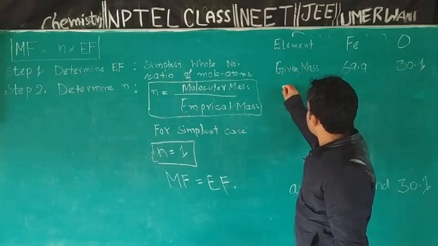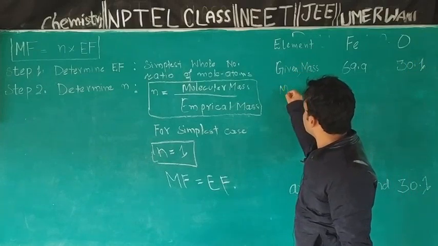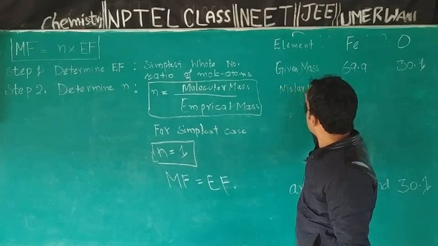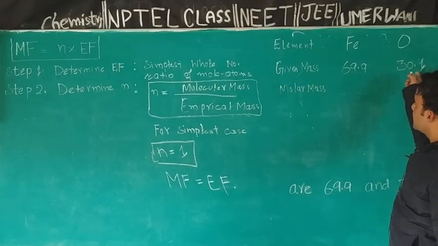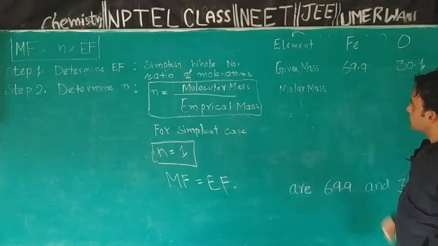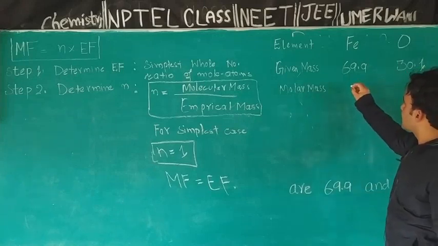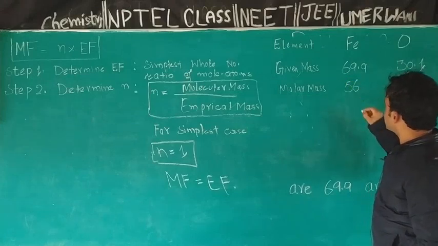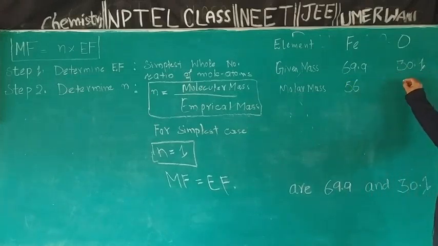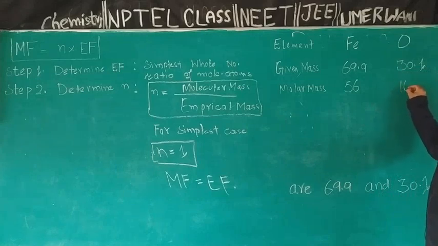In the second row I will write their molar mass. Both are elements, and their molar mass is equal to their gram atomic mass. The gram atomic mass of iron is approximately 56 and the gram atomic mass of oxygen is 16.